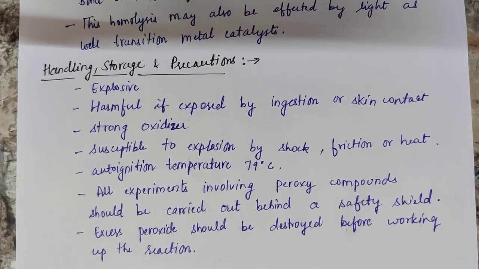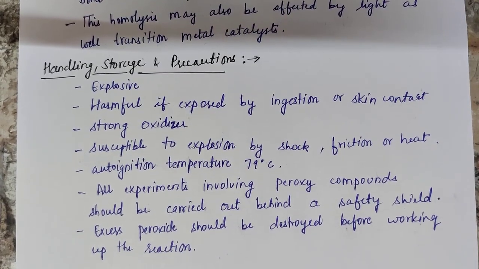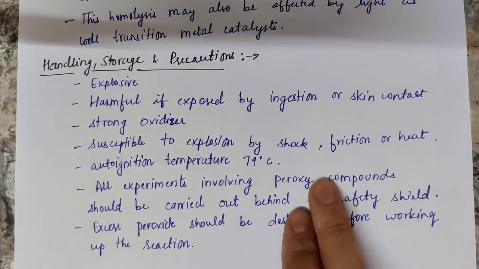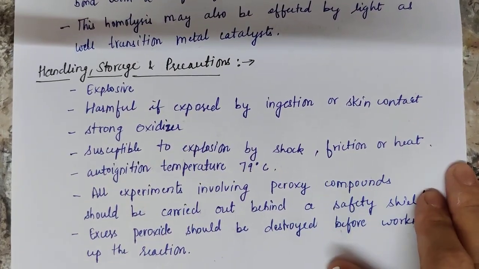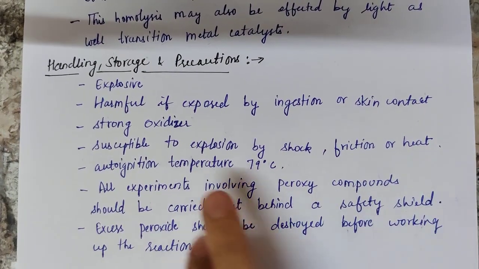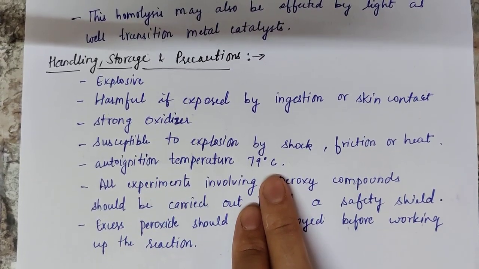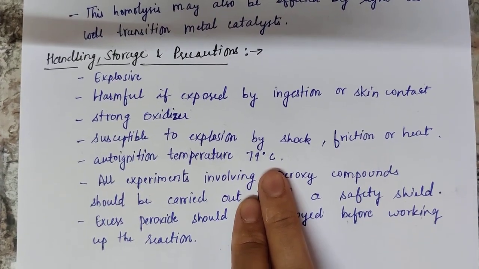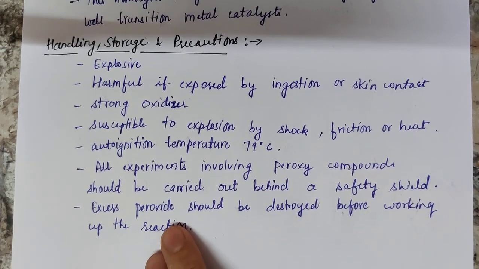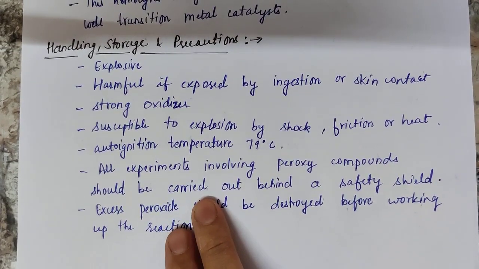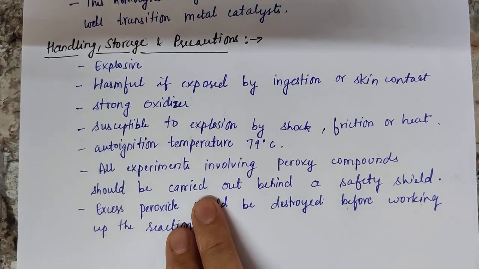Strong oxidizer, susceptible to explosion by shock, friction or heat. It could catch fire automatically at a temperature of around 79 degrees Celsius. All of the experiments involving DBP or any other peroxy compound should be carried out in the safety shield.